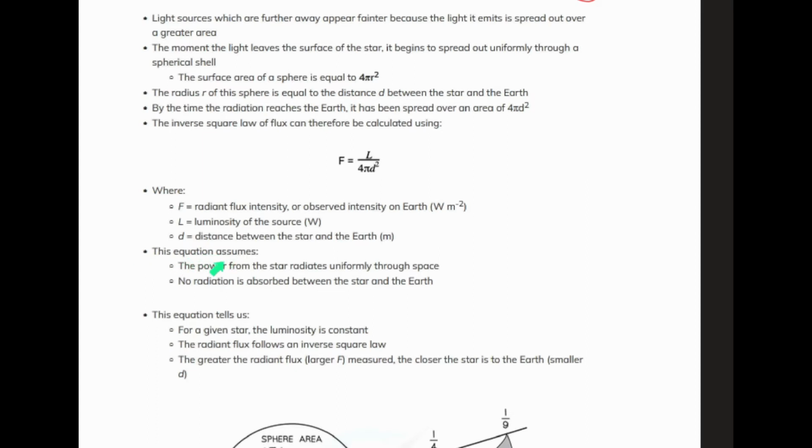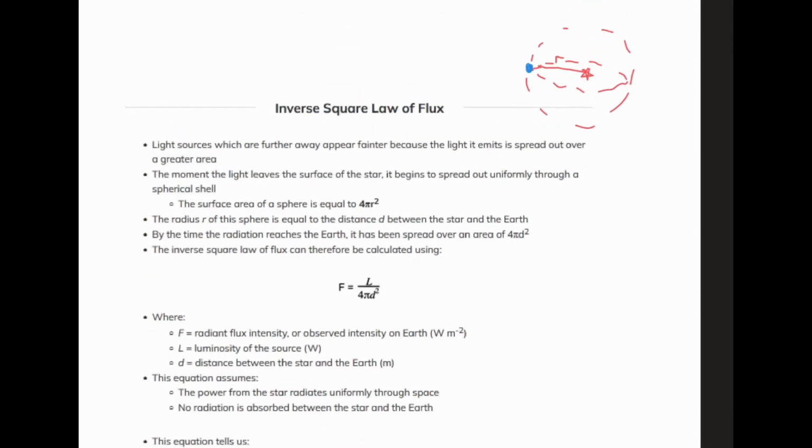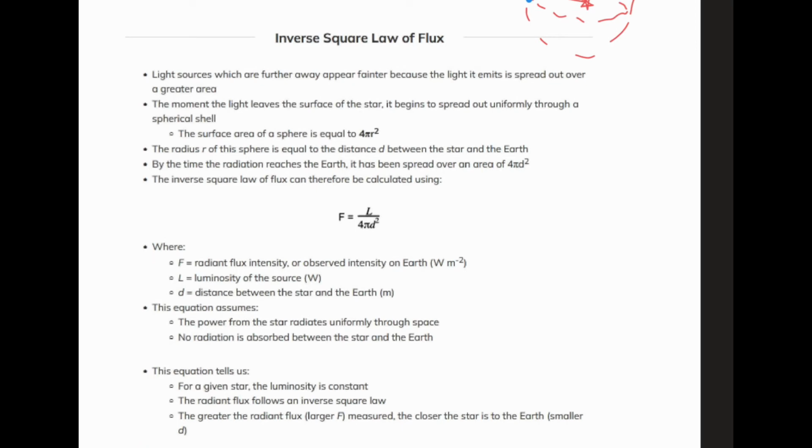Okay, then let's see the assumptions. This equation assumes the power from the star radiates uniformly through space. So try to imagine through the pictures: the star emits light in all directions, like the yellow arrows that I drew just now. That is the assumption.